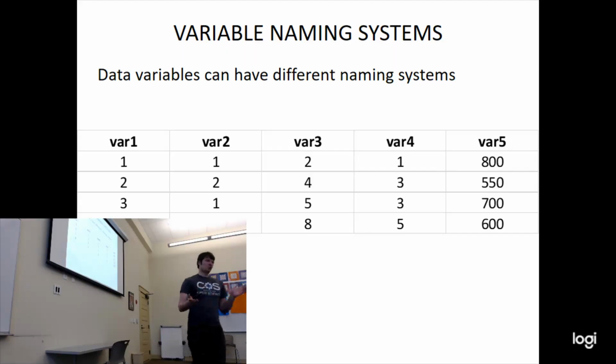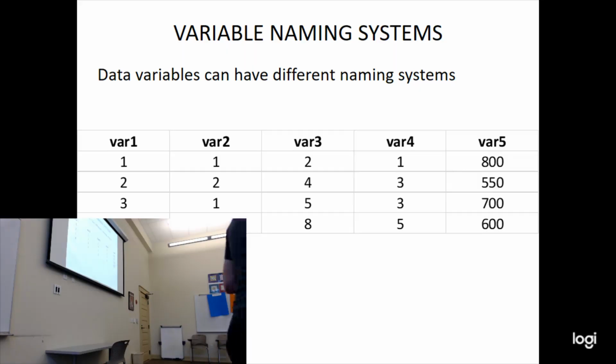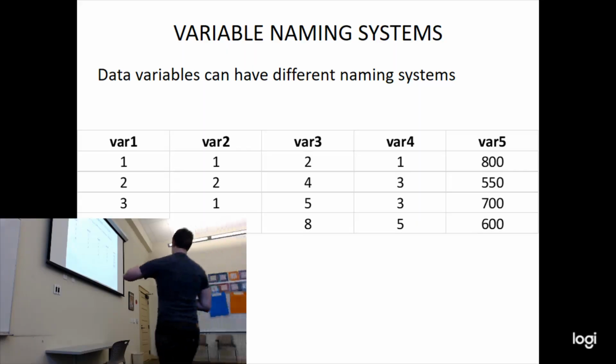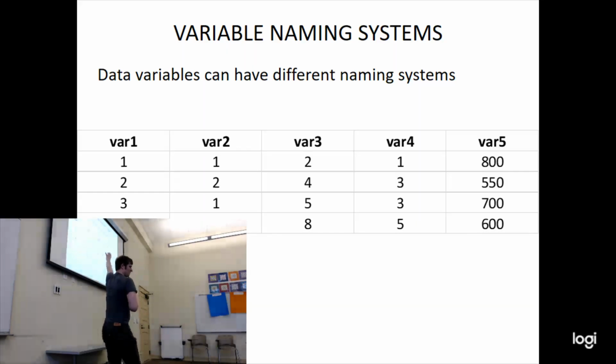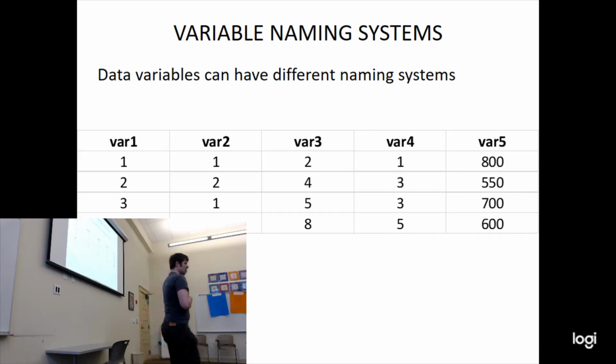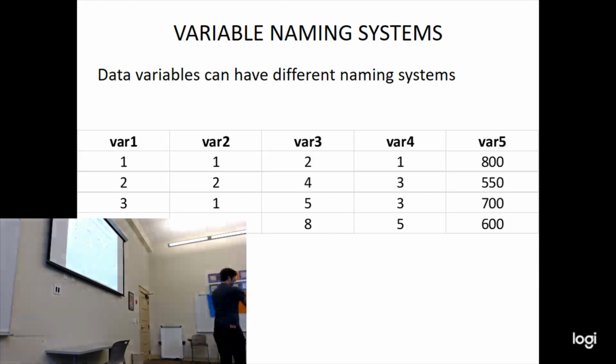The computer program doesn't care necessarily what these are named as long as they're unique. But for my purposes as an analyst, or your purposes as an analyst, these are pretty bad names because you want to know something about the scientific problem. You aren't necessarily specifically concerned about these numbers. It's the scientific problem that's driving your interest, not these particular numbers.